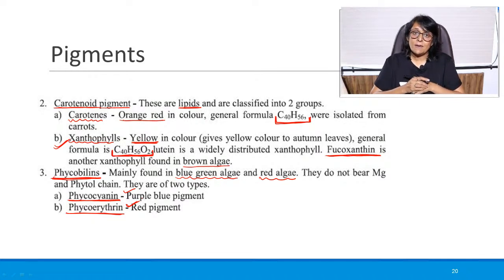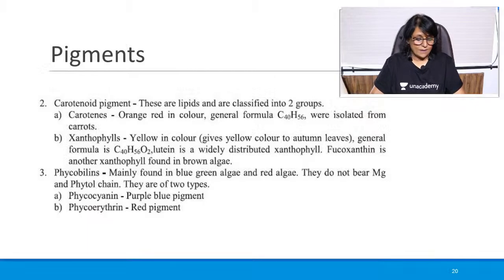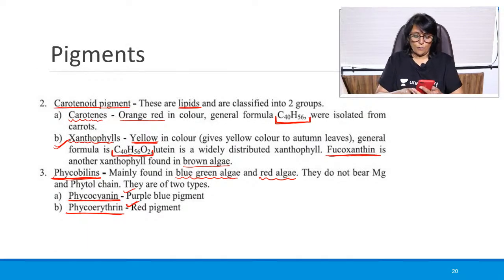But other pigments act as accessory pigments, helping pigments. How do they help? That will be clear once we draw the photosystem. Now, in this much part, if there is no doubt, then I'm going to give you a short explanation of the photosystem.